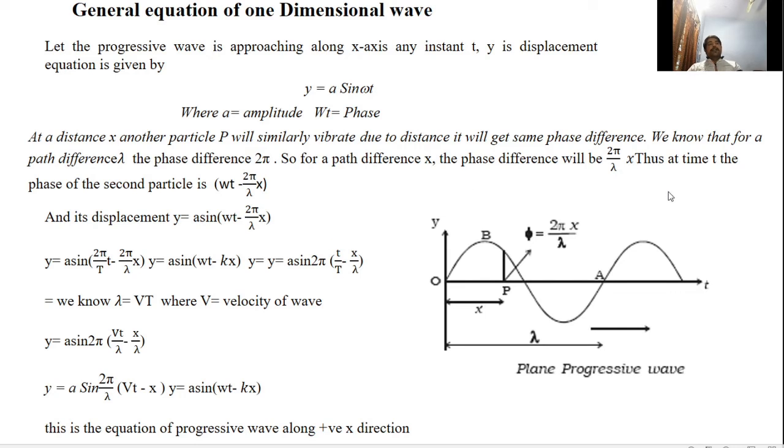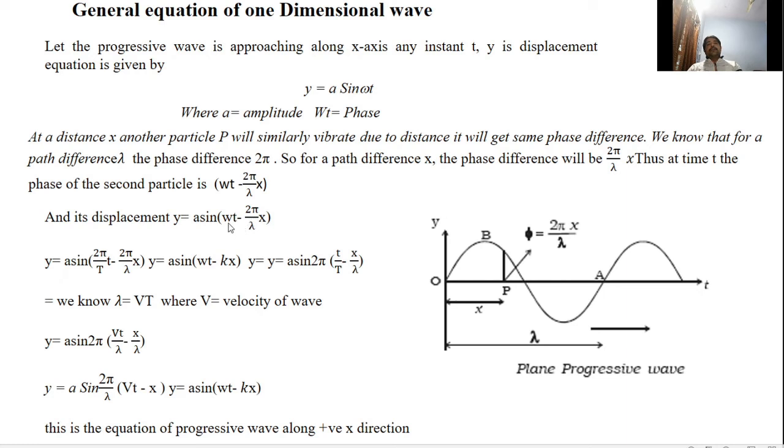Thus at time t, the phase of the second particle becomes ωt − (2π/λ)x. So the displacement of the second particle is given by y = a sin(ωt − (2π/λ)x).